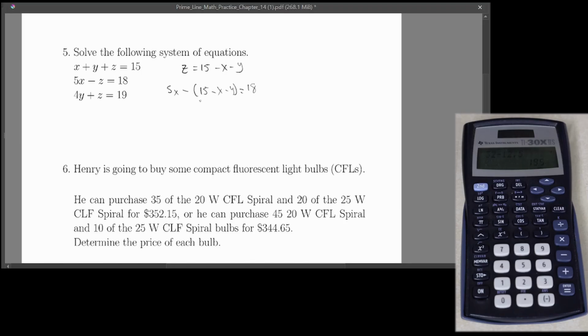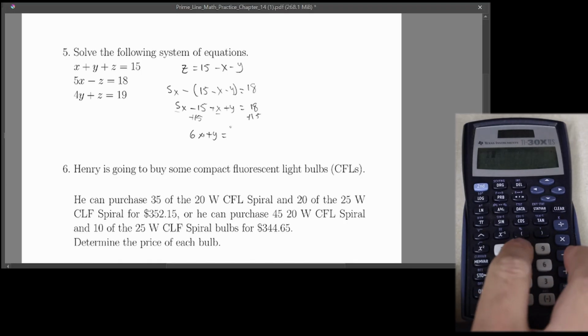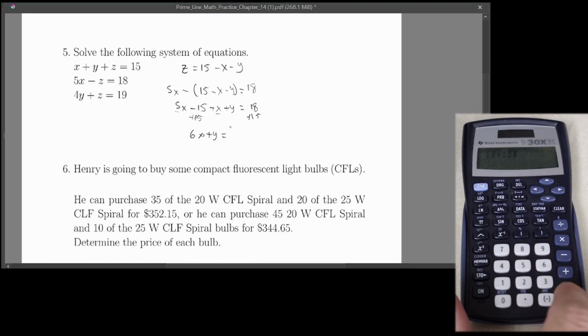From here, we'll distribute the negative sign, so 5x minus 15 plus x plus y equals 18. We'll add 15 to both sides. We'll combine the x's, and we'll get 6x plus y equals 18 plus 15, and get ourselves 33 here. So this is one of our new equations.